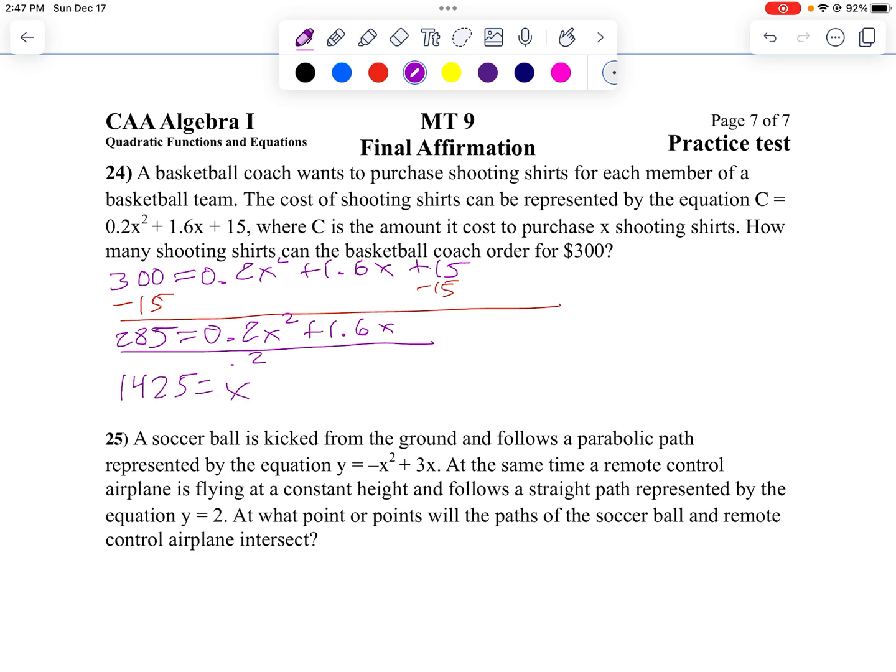That'll be x squared plus 1.6x divided by 0.2, which is the same thing as 16 divided by 2, which is 8x.